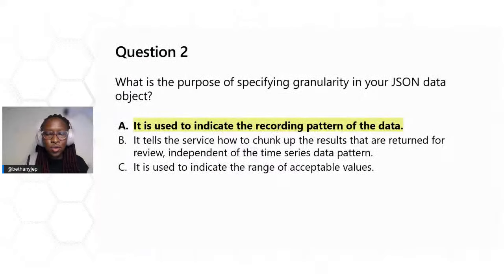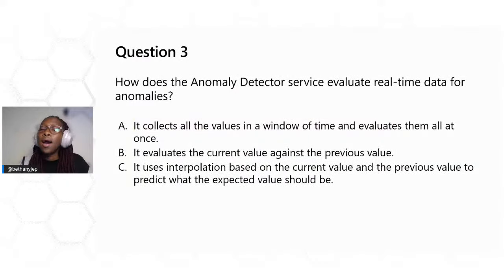And then the last question for the night is, how does the anomaly detector service evaluate real-time data for anomalies? For example, if our data, we're recording it in real time. So if you're directly checking the heartbeat of a person, how does it tell that, hey, this data has an anomaly?